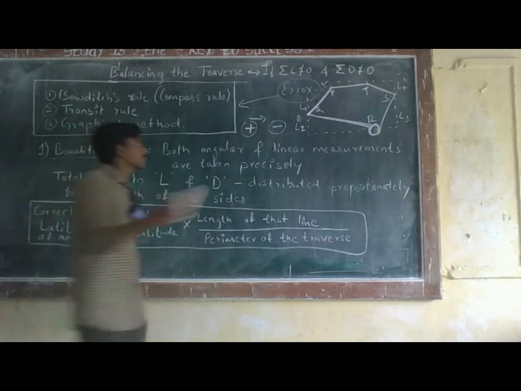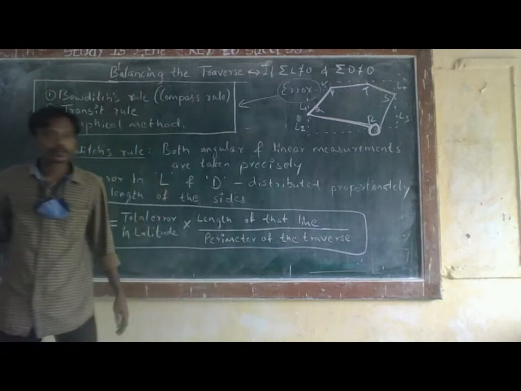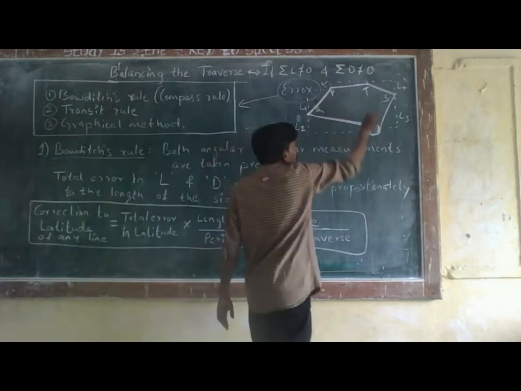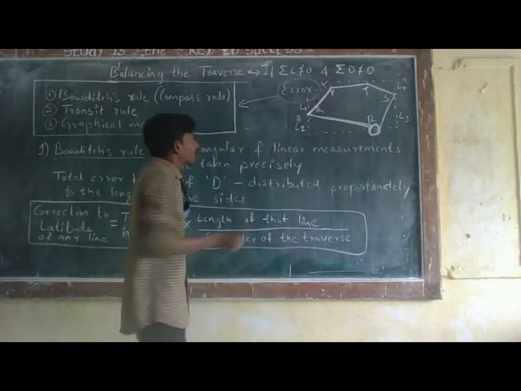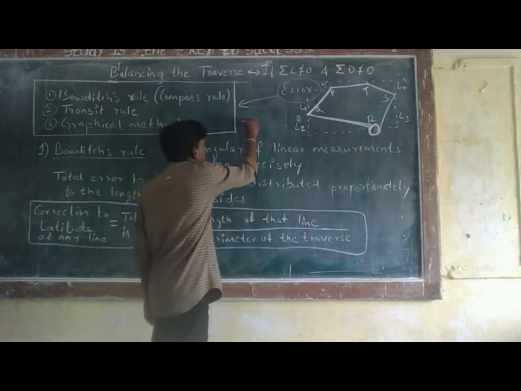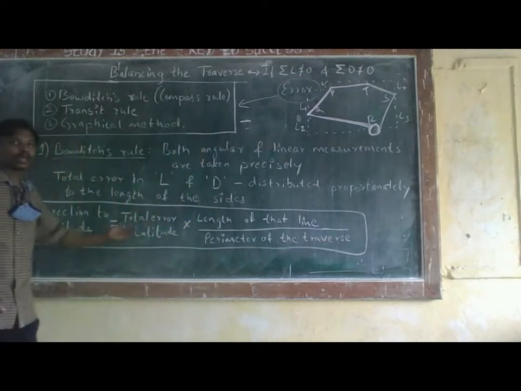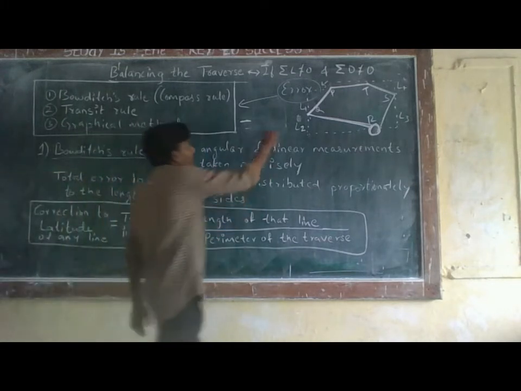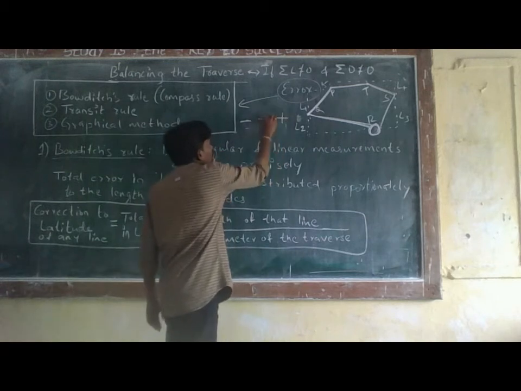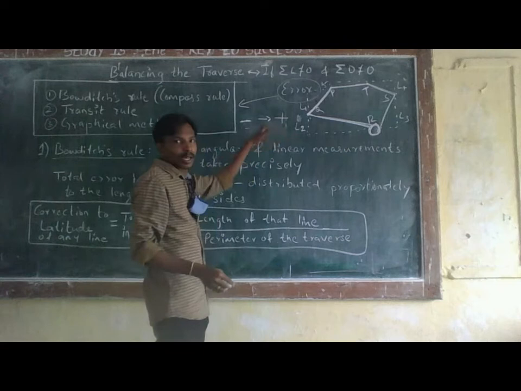If it is minus, so if the arithmetic sum of all the latitudes, the value, is in minus, if it is negative, then you have to take the value here as positive. So minus must be taken as plus and plus must be taken as minus.